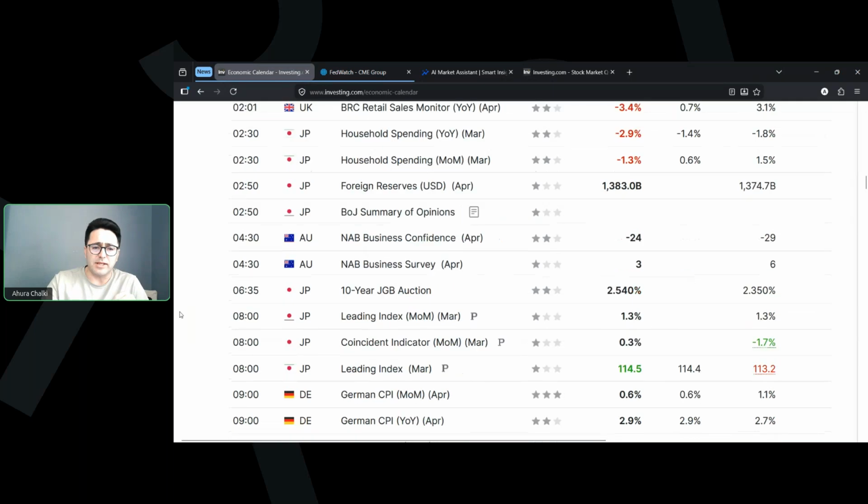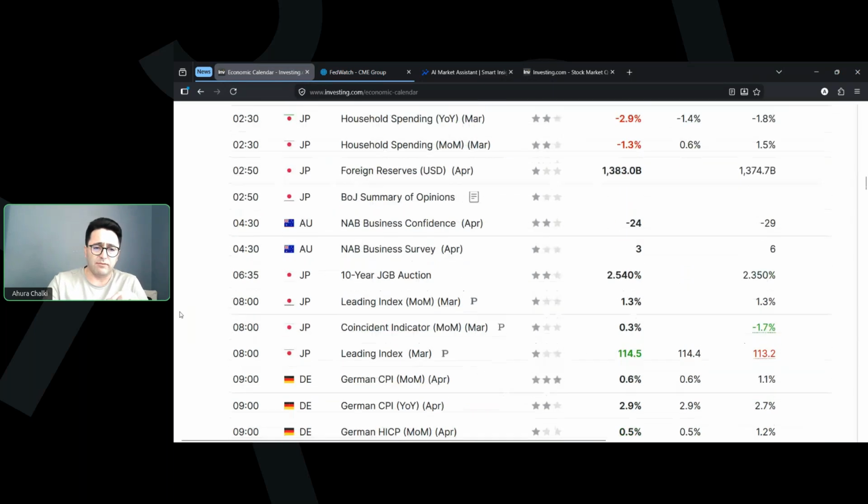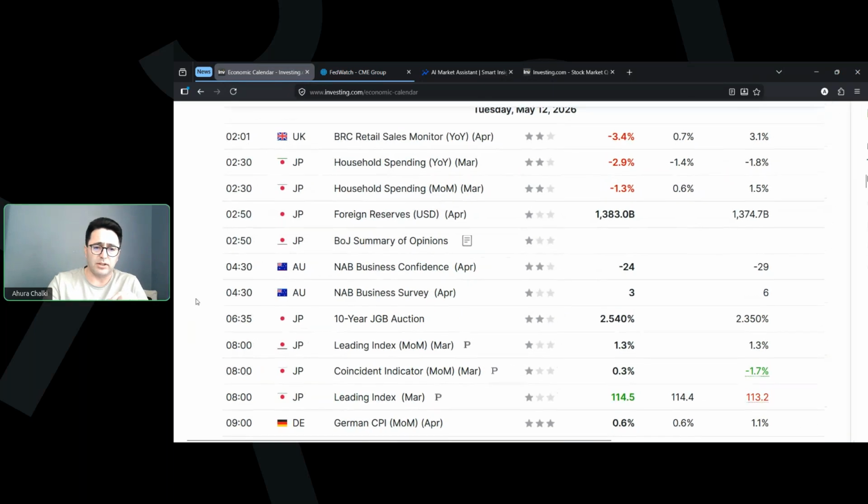On Tuesday, as I was saying, household spending is very important for the Japanese economy. One of the main issues the Chinese had first, then we saw it in the Japanese economy, and now we can see it in European economies as well, is spending: how consumers are spending their money.